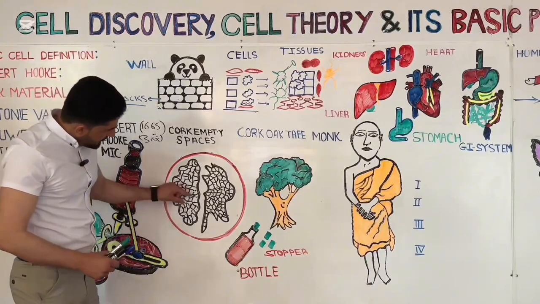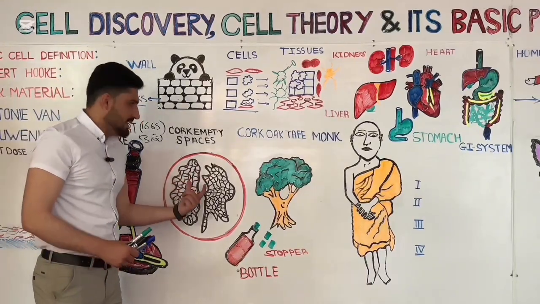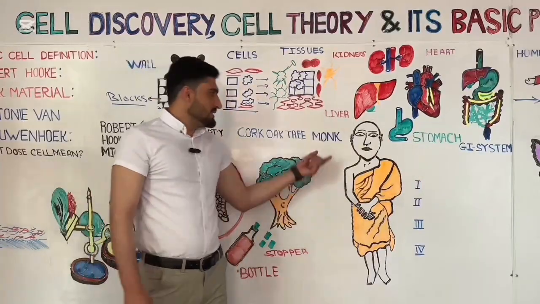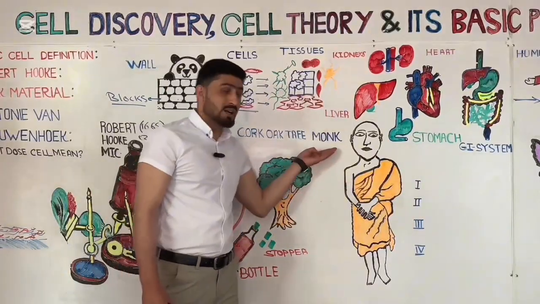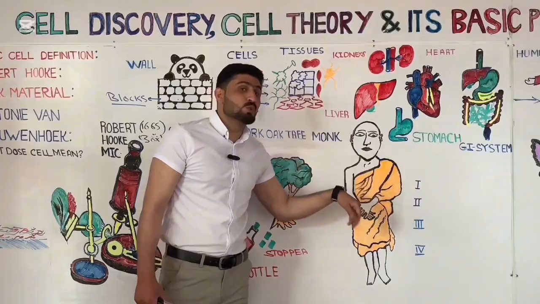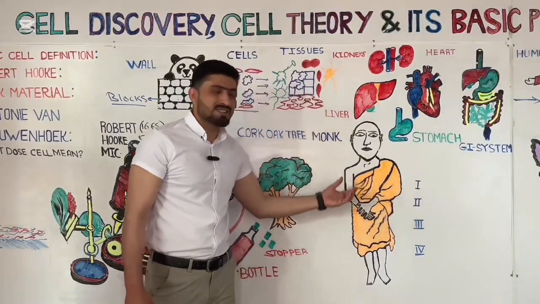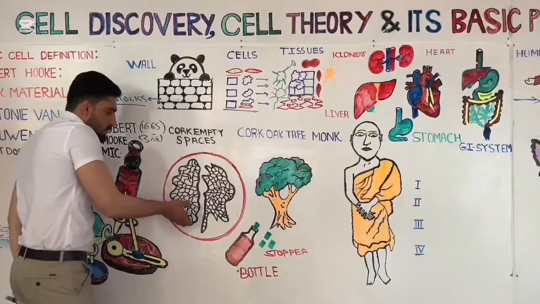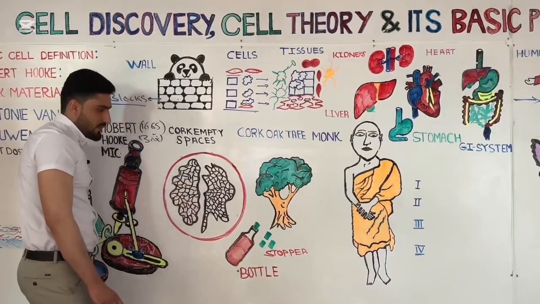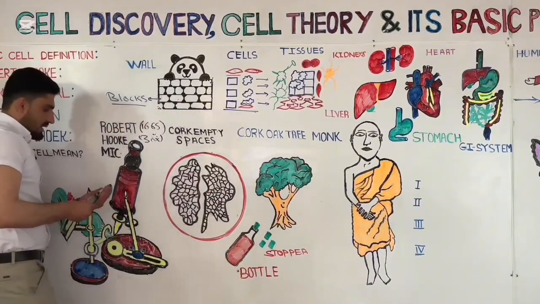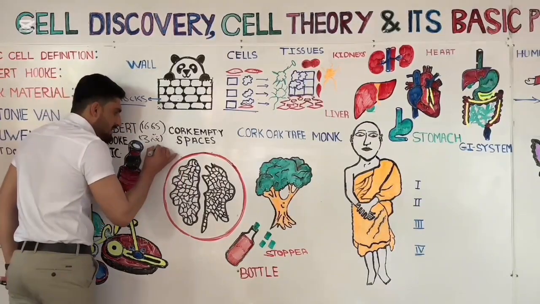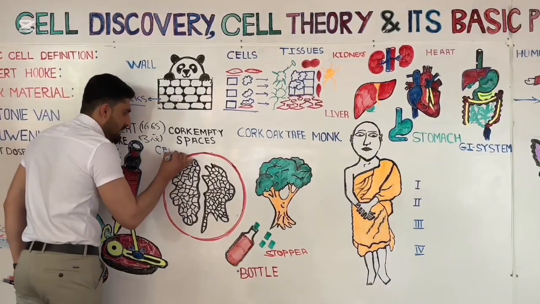And these small holes reminded him of monks' monasteries. Do you know monks? Monks are religious people who live alone, and the places where they live are called monasteries. These holes were separated from each other, and because of that, he coined a name for these holes. He called them cells.